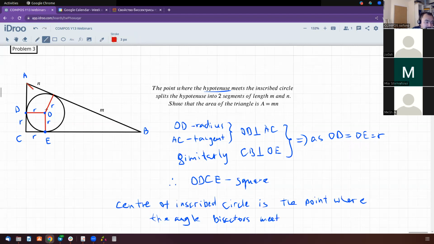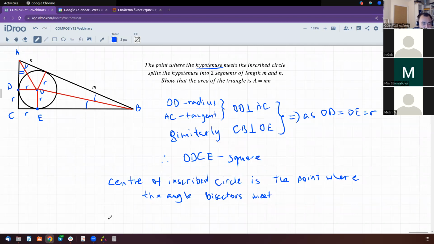Right, so if we draw a line AO and OB, they're bisectors. And that means that this angle is equal to this angle, and this angle is equal to this angle.